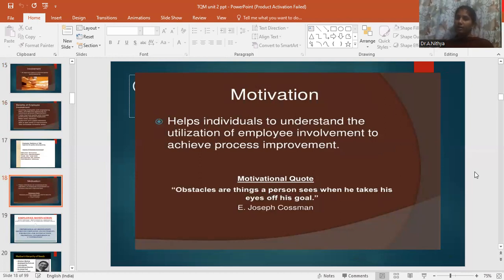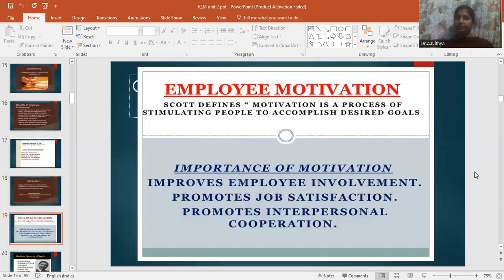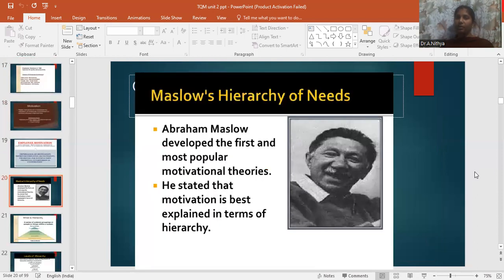Motivation is helping individuals to understand the utilization of employee involvement to achieve process improvement. According to Scott, motivation is defined as a process of stimulating people to accomplish desired goals. So, what is the importance of motivation? Improve employees' involvement, promote job satisfaction, promote interpersonal cooperation.